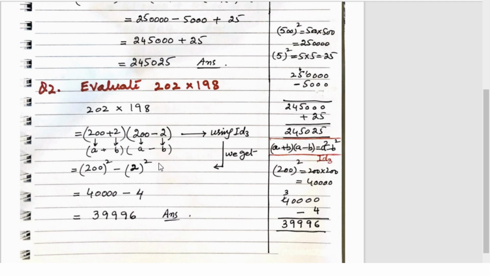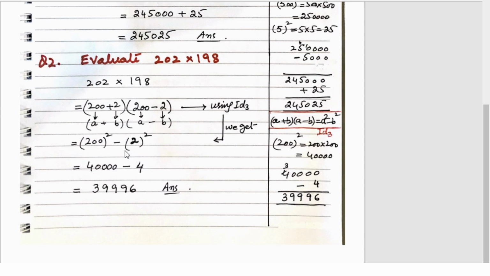We will move towards the other side. Using ID3 we get, you can write it down like this, A square minus B square. What is A? 200. What is B? 2. And the minus sign is of the identity, and the identity has got this sign from plus into minus. So whenever you have this situation, it's very easy for you to move towards the other side of the third identity.